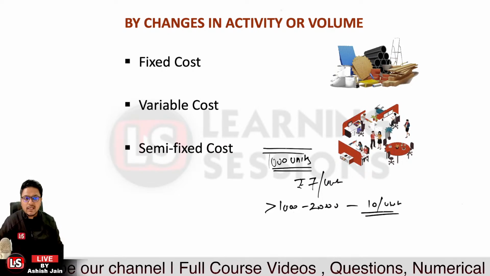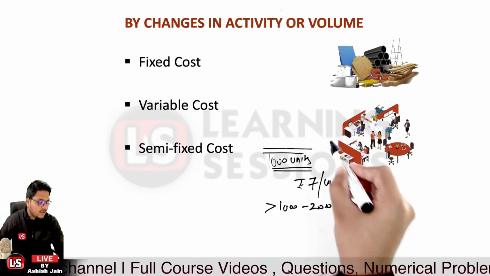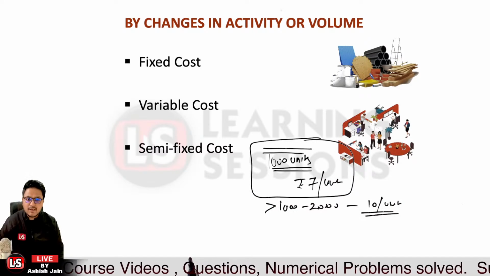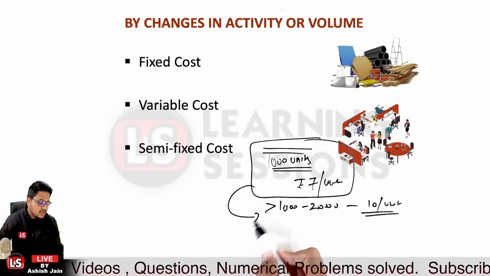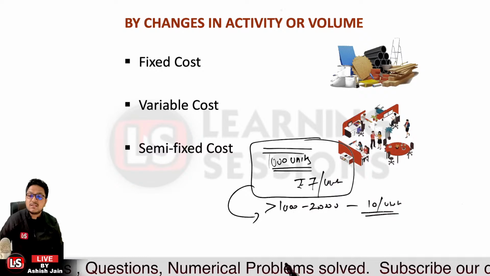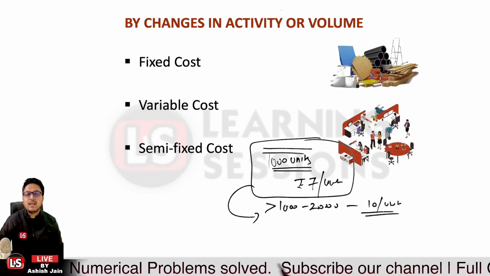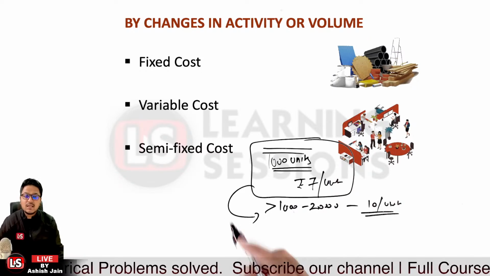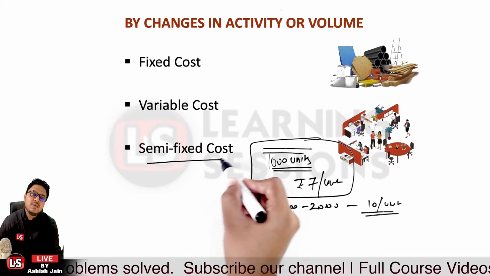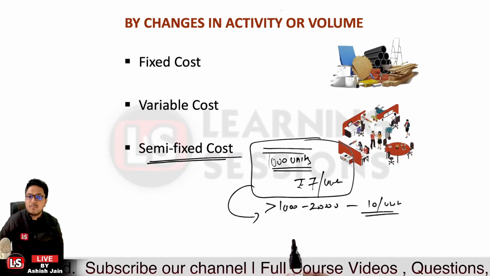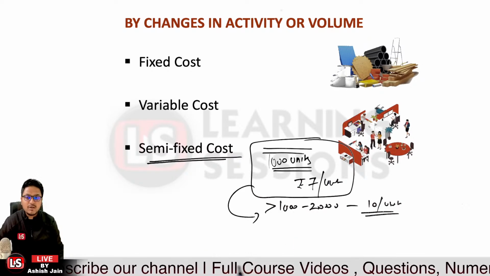Now let me just tell you that up to a certain point, the cost is fixed, but after a certain point there is an increase, or a decrease, or the cost is varying. Such type of cost is said to be what? Such type of cost is said to be semi-fixed cost, or mixed cost.